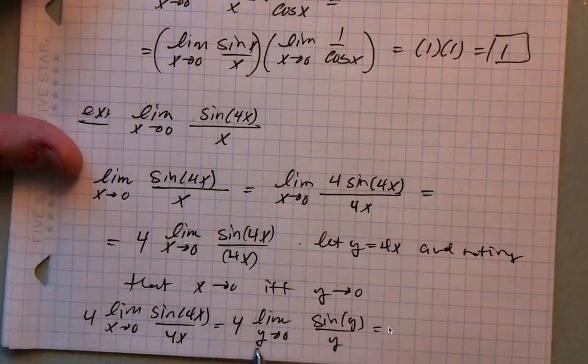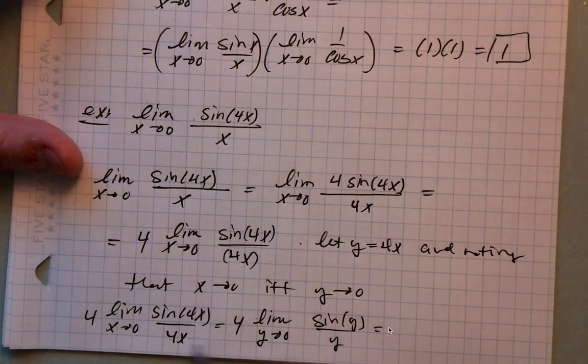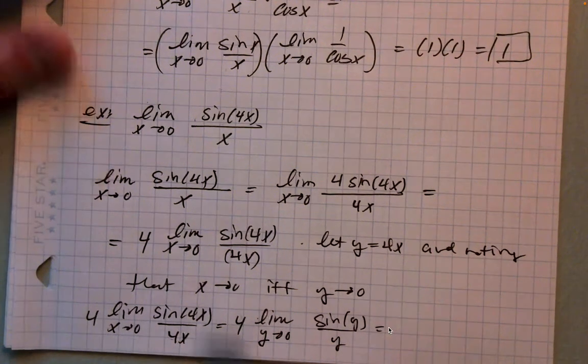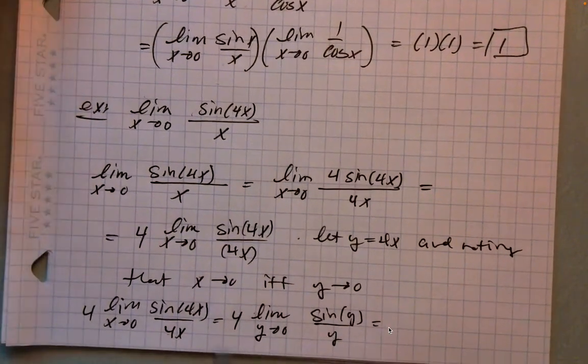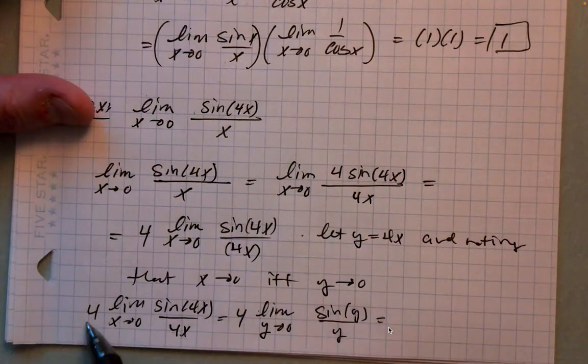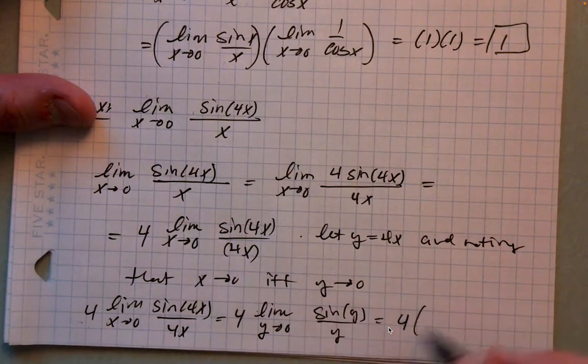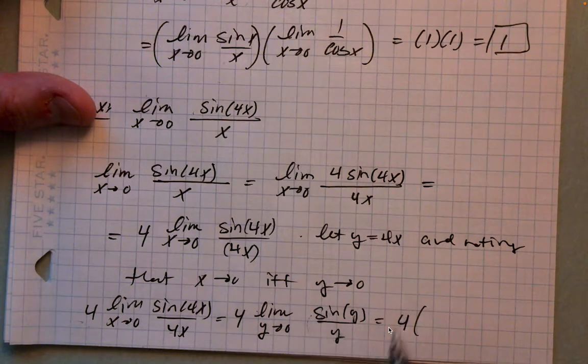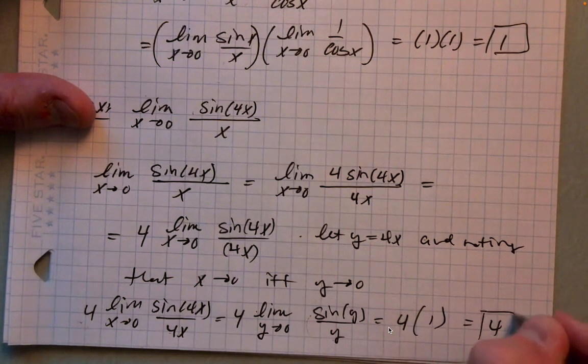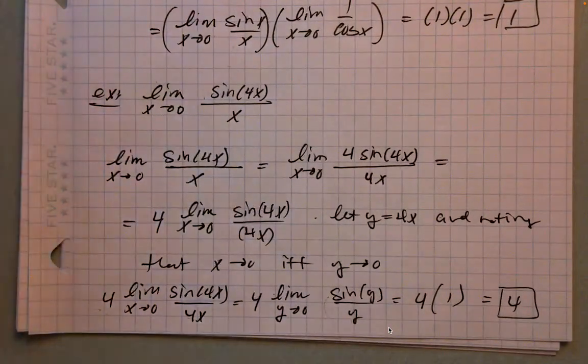Now, obviously, as y goes to 0, 4x goes to 0 too. So this is a reasonable swap here, right? So you get 4 times, and we know the value of this is 1. And so that limit turns out to be equal to 4.